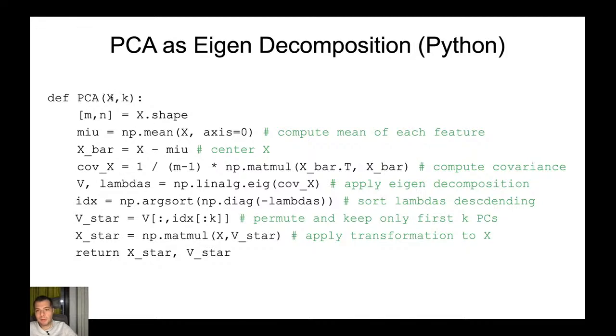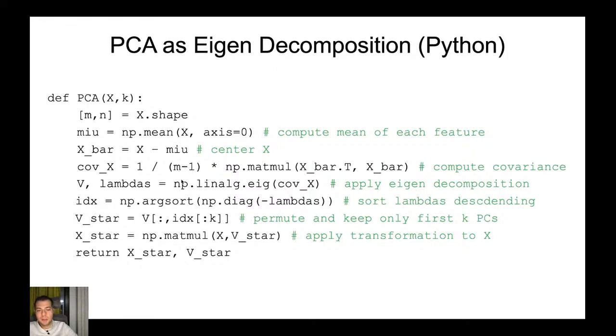So we take the matrix X as input, we compute the mean for each feature, we subtract the mean and obtain X bar. We compute the covariance matrix by multiplying the transpose of X bar with X bar, and then we apply eigenvector decomposition.